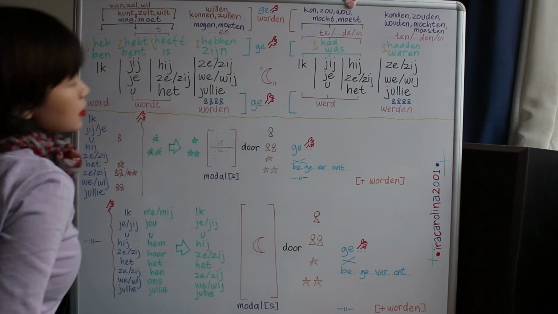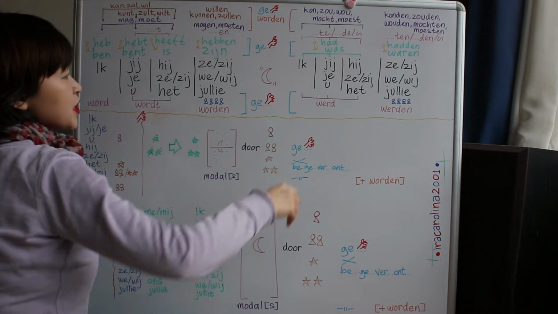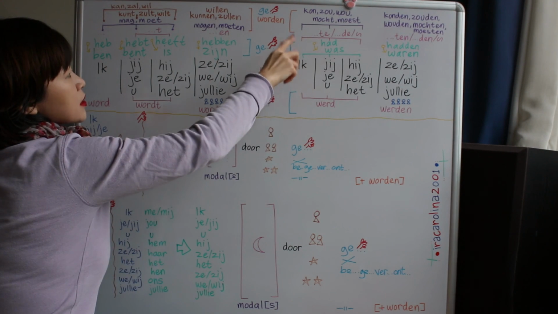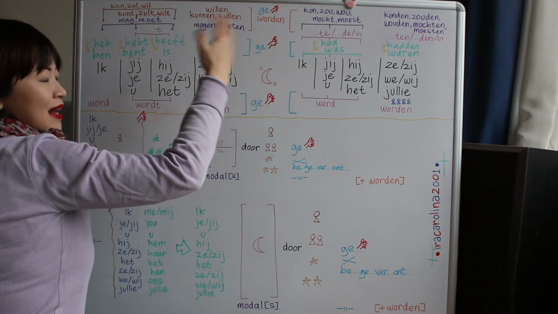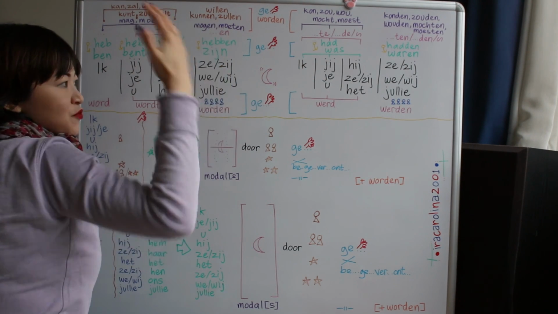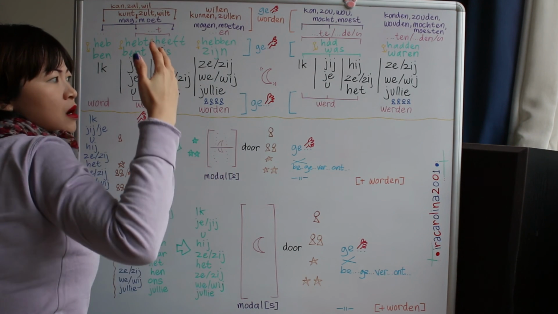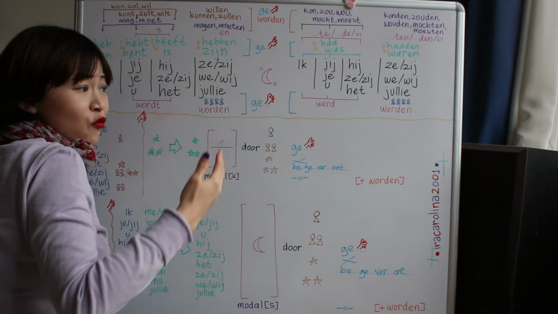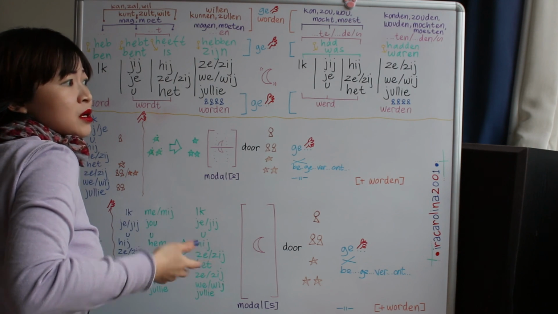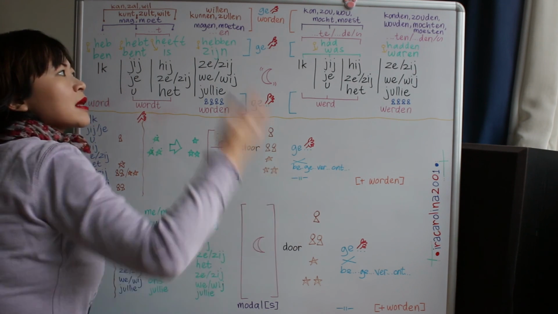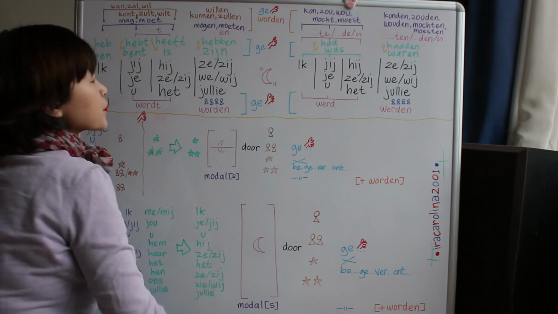As we already learned in the previous videos, the past version is quite a bit easier in classification because they only divide it into two: subject that consists of one, with no exception for I or you or something like that, it's just one or more.